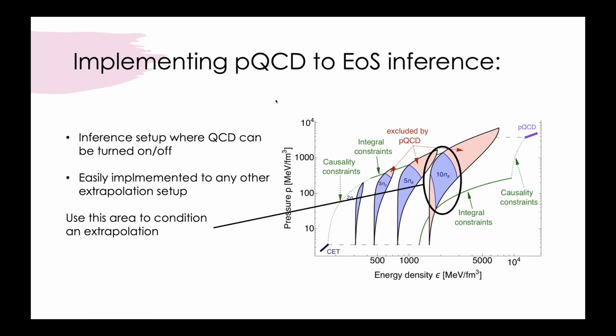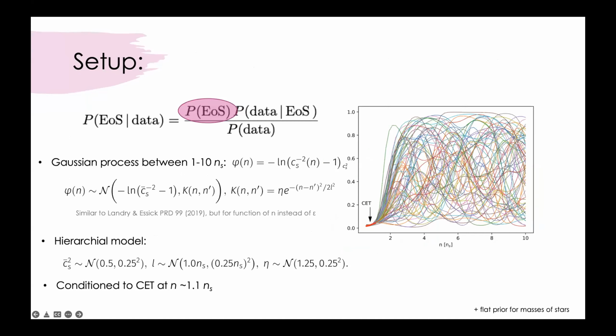Now I have some details on the framework here. I know that many people are working on Bayesian analysis, so perhaps some of these details are interesting. So what we do is we first generate a prior set of equations of state using a Gaussian process regressor.